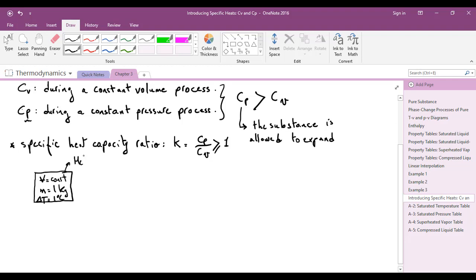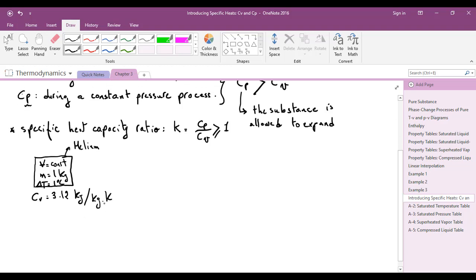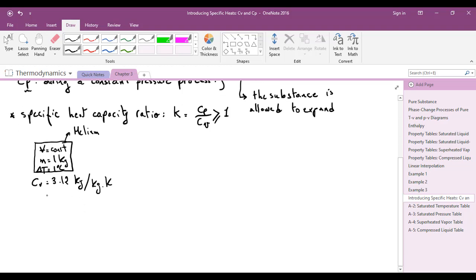CV for helium is equal to 3.12 kilojoule per kilogram Kelvin. So the unit for CV or CP is kilojoule per kilogram Kelvin: the amount of energy in kilojoules needed to raise the temperature of 1 kilogram of substance by 1 Kelvin.